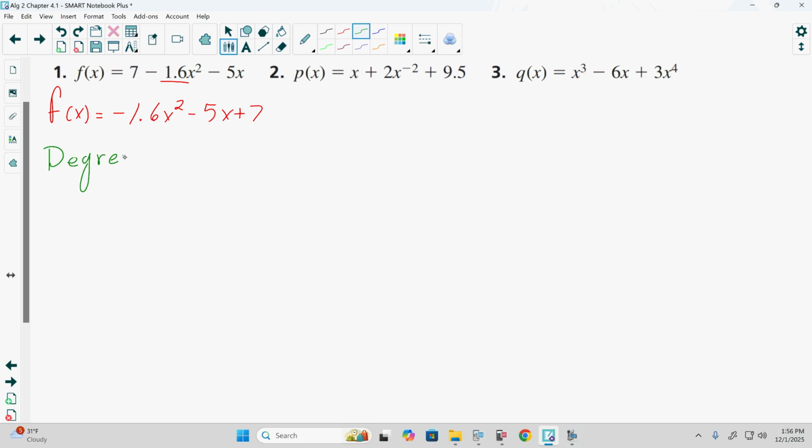And the degree would be 2, because of the x squared. Now the type would be quadratic. And lastly, the leading coefficient would be negative 1.6. It's not just 1.6. We do need the negative sign.